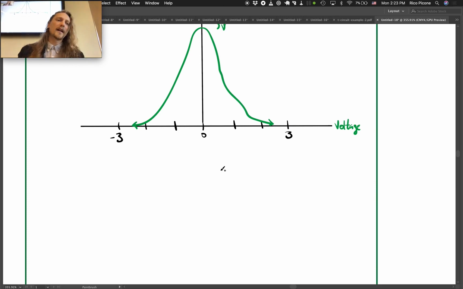Now, the probability density function, also abbreviated as PDF, must be integrated to find probability. So it's continuous.